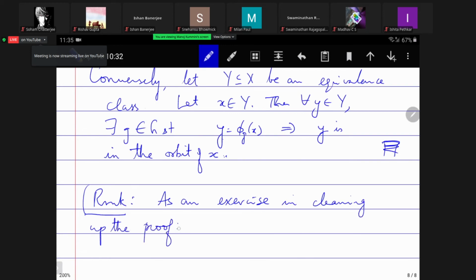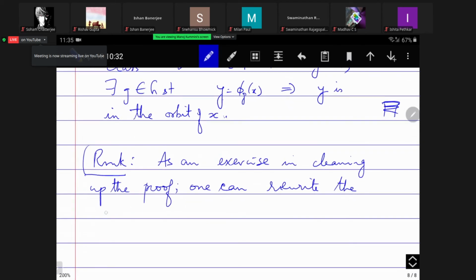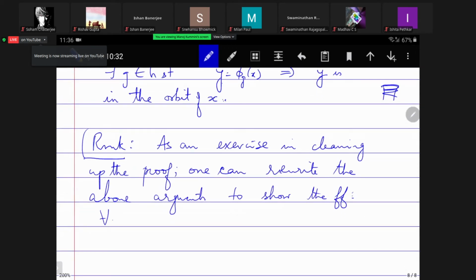One can rewrite the above arguments to show the following: for all x in X, the orbit of x is the equivalence class containing x.